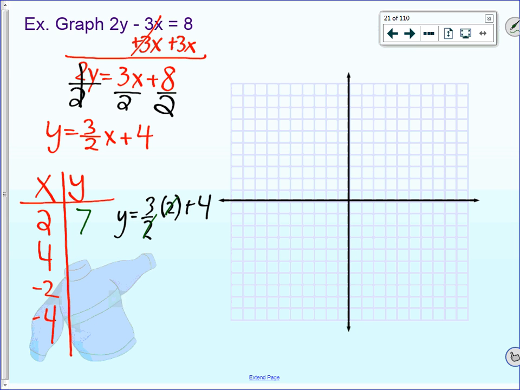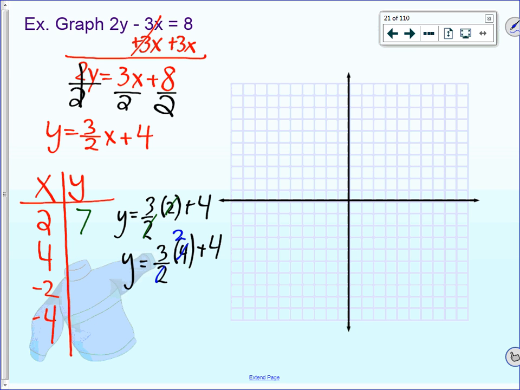Okay, and then describe to me what you got here when you plug in 4. I got 10. So how did you do the 3/2 times the 4? Well, the 4 would change into a 2 because those cancel. Okay. And then you multiply 3 times 2, 6. And then 6 plus 4 is 10.